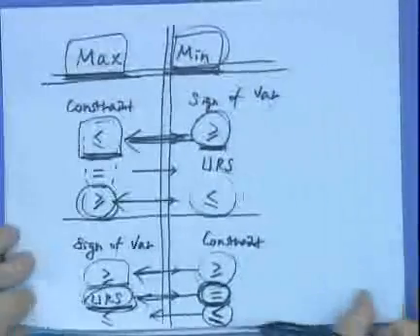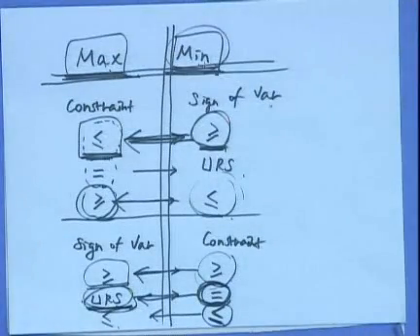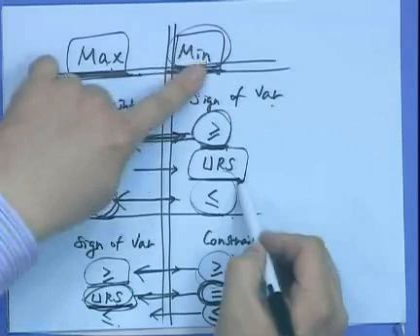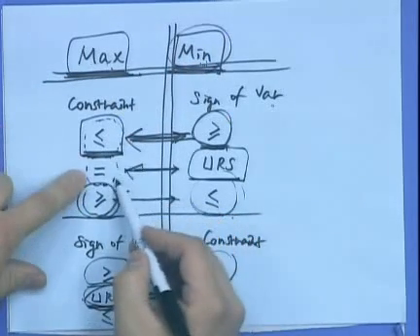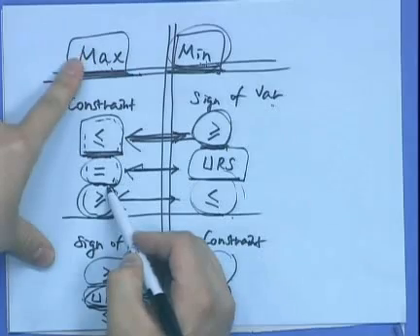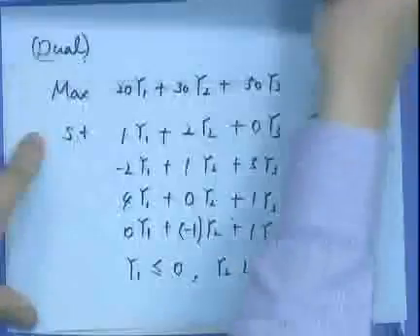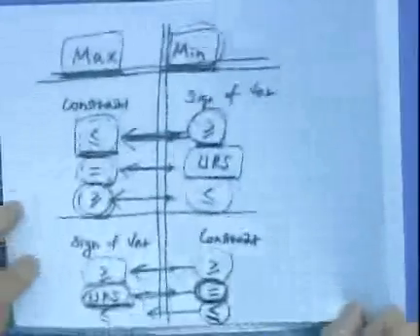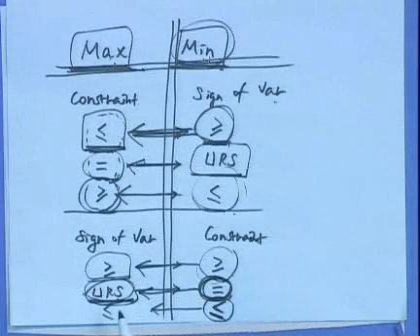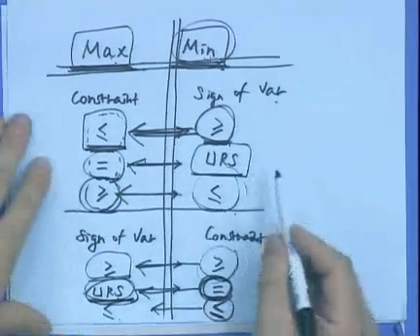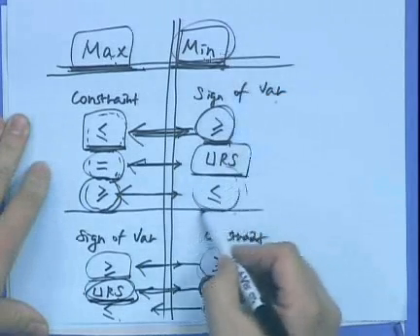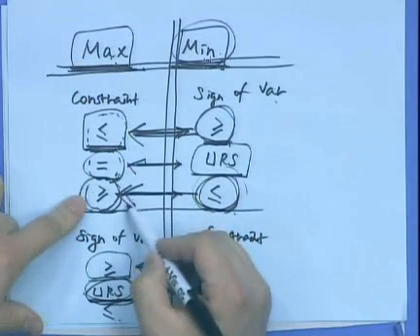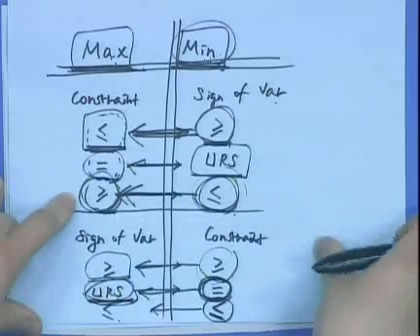And in our primal problem, the second variable is unrestricted in sign, which means the second constraint in the maximization problem should be an equality constraint. And lastly, the fourth variable, x4, in the minimization problem is less than or equal to 0, which means in the maximization problem, the fourth constraint should be greater than or equal.